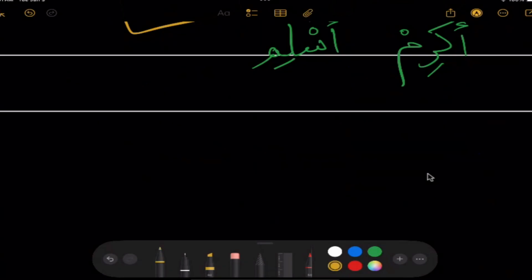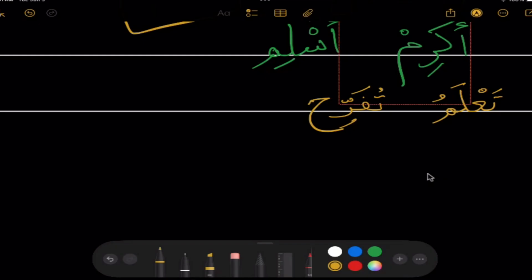Either what's after the mudari' letter has a sukoon, like ya'lam, I mean, we can say ta'lam, or it has a vowel like tufarrih, what's after the mudari' letter, we are saying, or it was an omitted hamza like yuslim. There's an omission in yuslim.